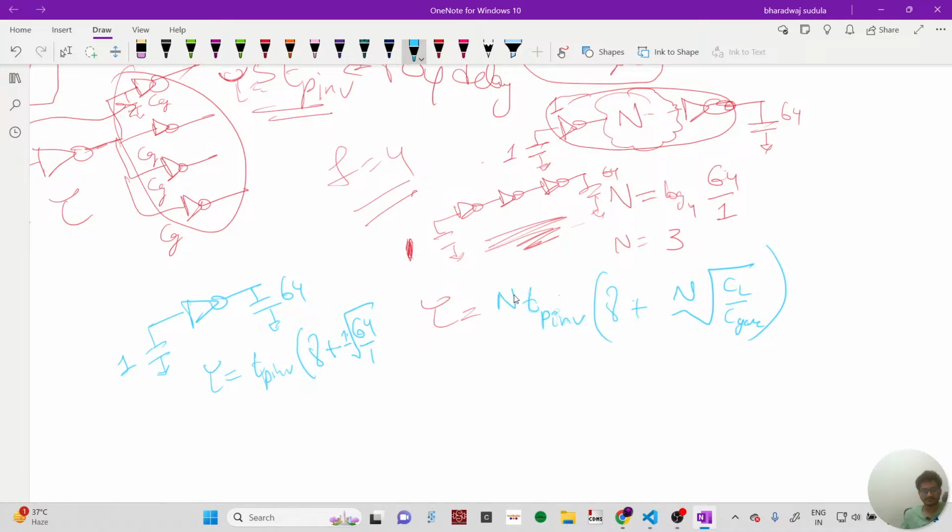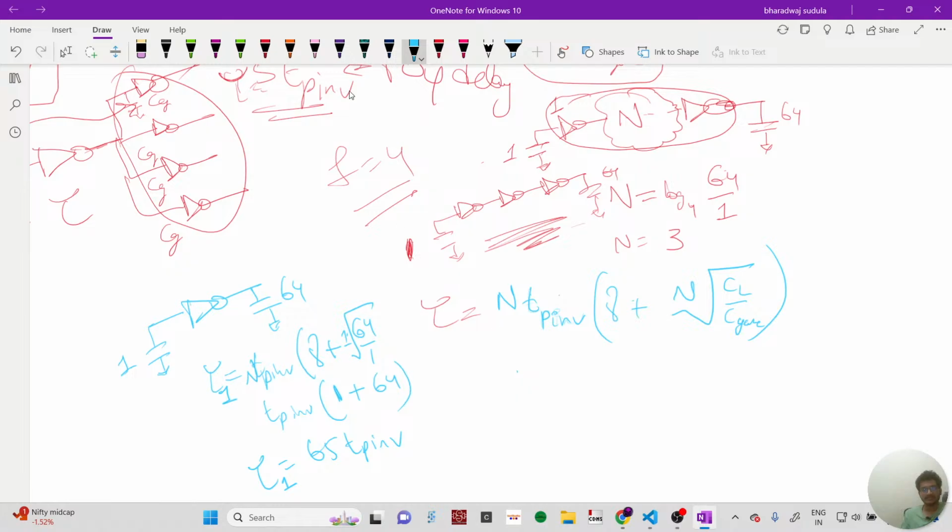And I forgot this n. So TP inverter comma is 1 root of 64, 65 TP inverter. So this is the single inverter delay.